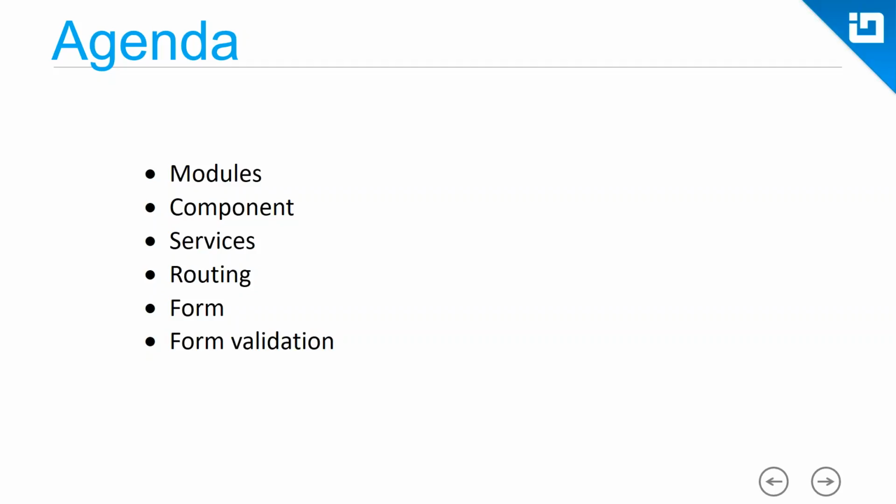But the whole purpose of today's webinar is that after the end of the webinar, when you go back, you should be able to start building basic applications, and you should be able to make sense of what is written in the Angular 2 official documentation, and you should be able to speed up your learning and basic project application development in Angular 2. So that's the agenda for today's webinar.